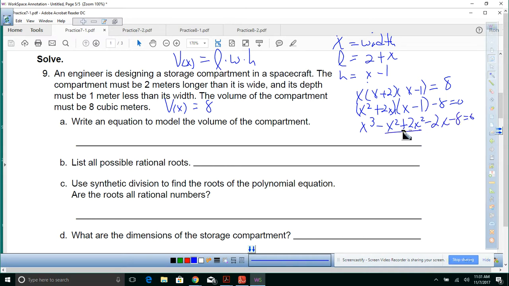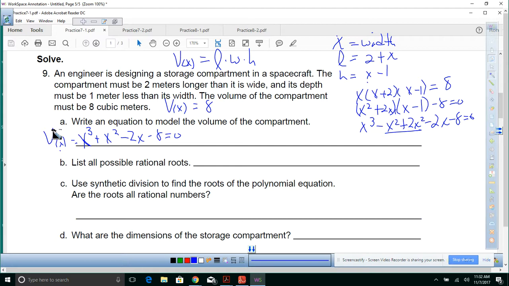We can combine those, and that gives us x cubed plus x squared minus 2x minus 8 equals 0. All right. So write an equation. The volume of the compartment, we'll just call it x, equals x cubed plus x squared minus 2x minus 8.